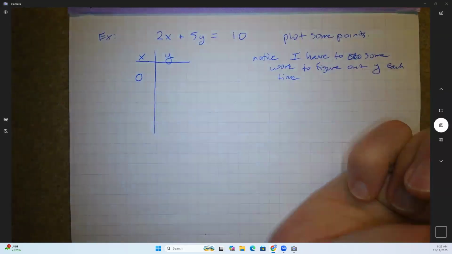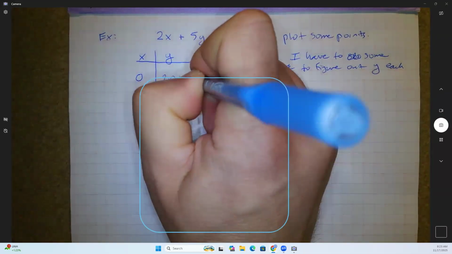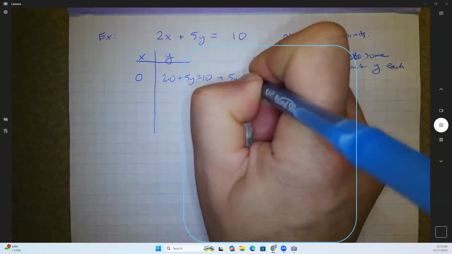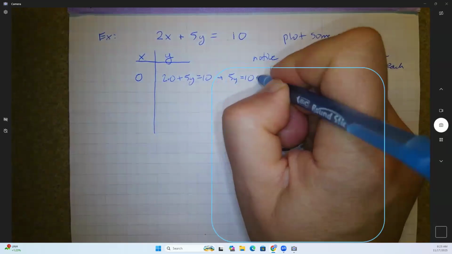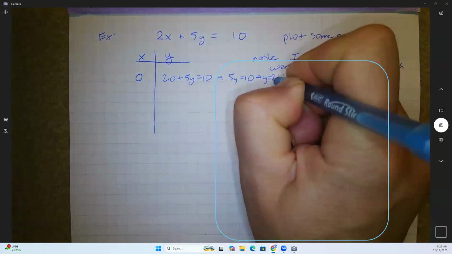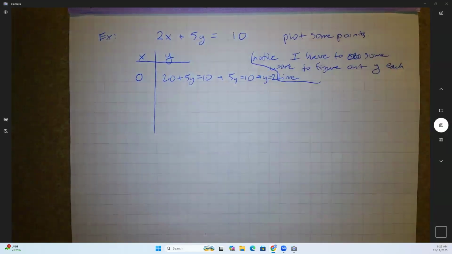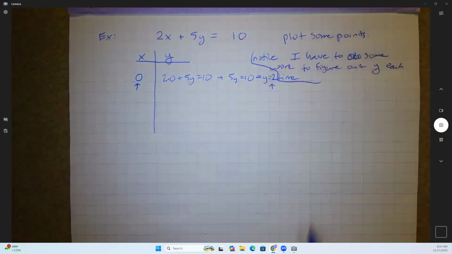If I let x equal 0, then I'm saying 2 times 0 plus 5y equals 10, which means 5y equals 10, which means y equals 2. When x is 0, y is 2.